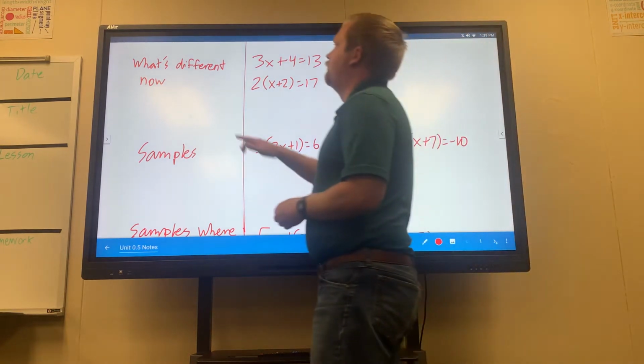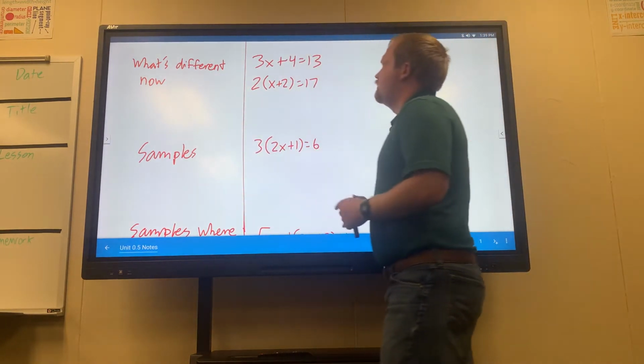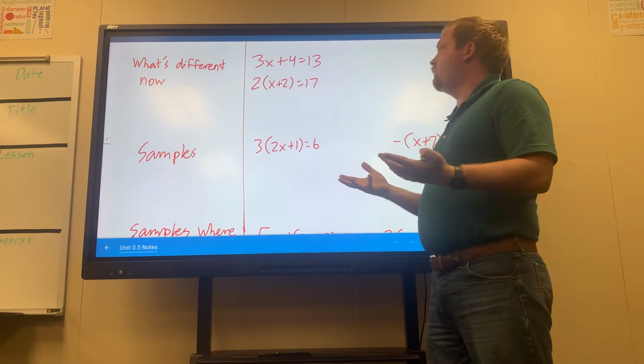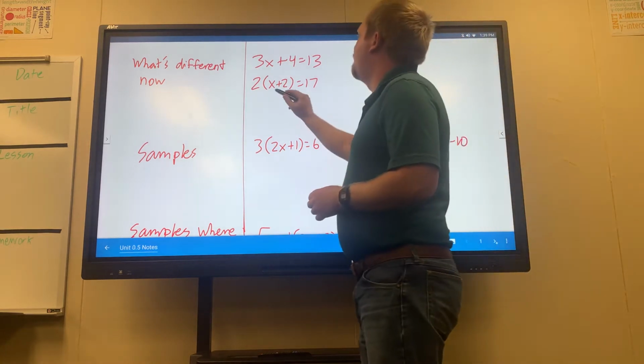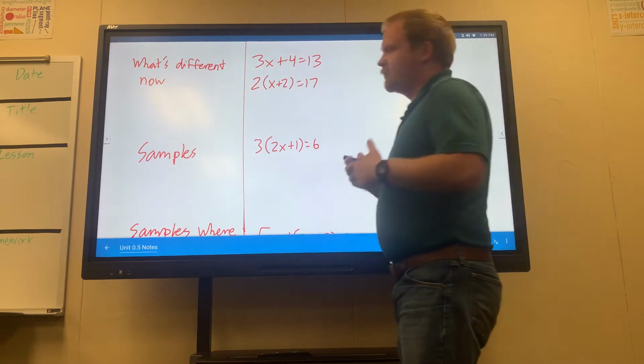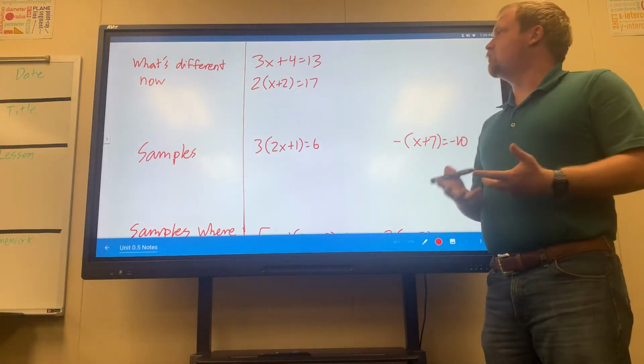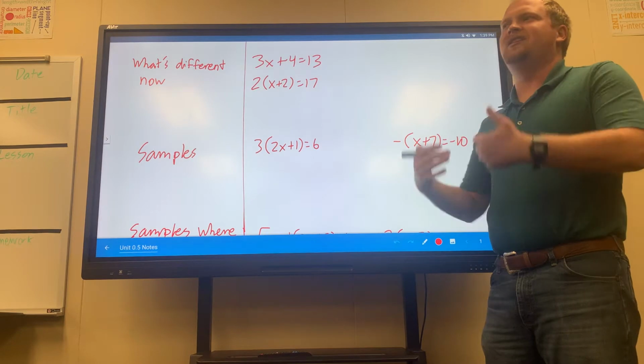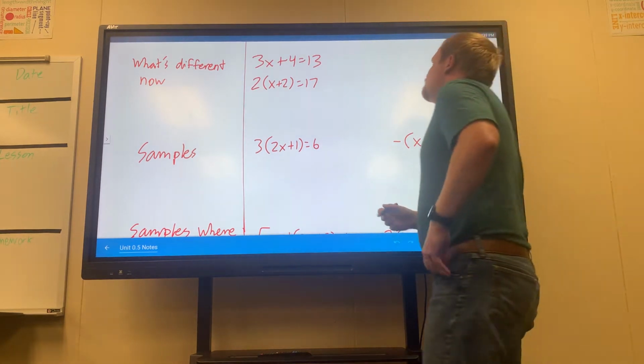So, as far as what's different between these two equations, well, it's pretty simple. If you think about it, notice how we have a parentheses in the bottom, okay? That's the biggest difference between those two. We actually have a parentheses involved in the equation.